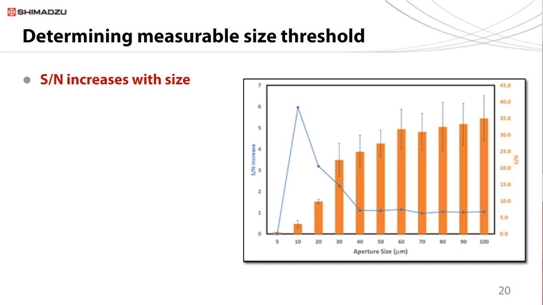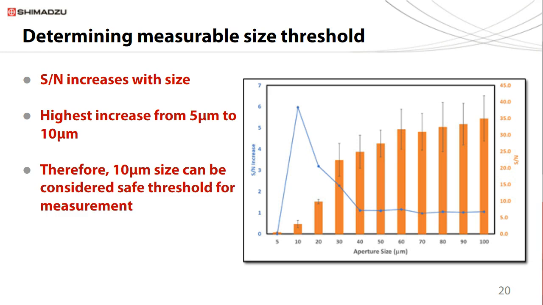Here, interestingly, we found that the greatest increase in signal-to-noise ratio occurred when the sample size was increased from 5 microns by 5 microns to 10 by 10 microns. This finding suggests that the threshold is somewhere between 10 and 5 microns. So 10 microns can be used as a safe measurable threshold size, as the data demonstrated an exceptional increase in quality of signal when the size is increased from 5 microns to 10 microns.